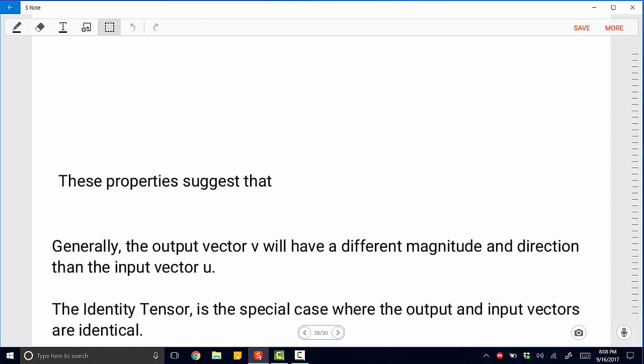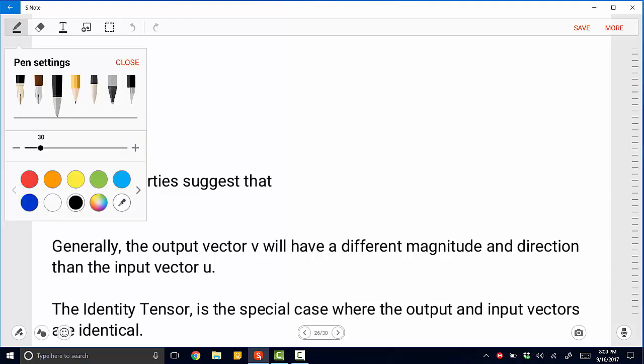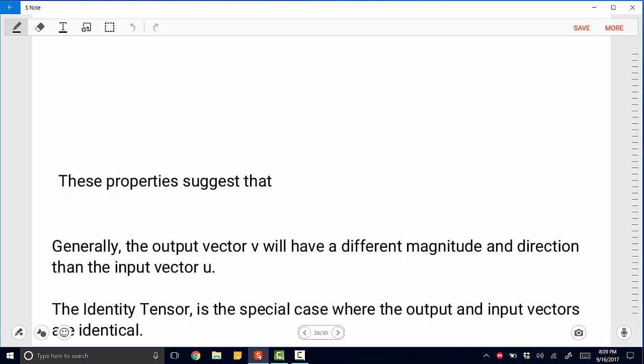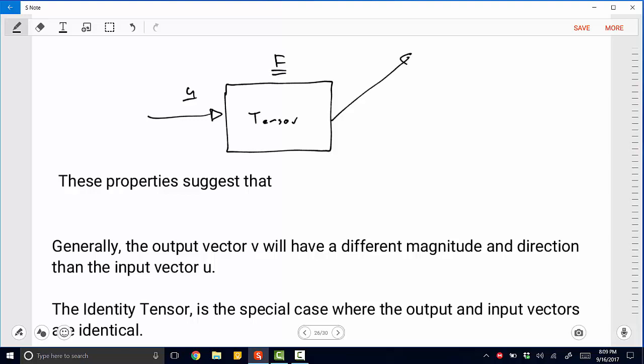All right. So again, let's remind ourselves that we say that a tensor is something that if we have an input vector and we perform an operation with respect to our tensor, we achieve some output vector.